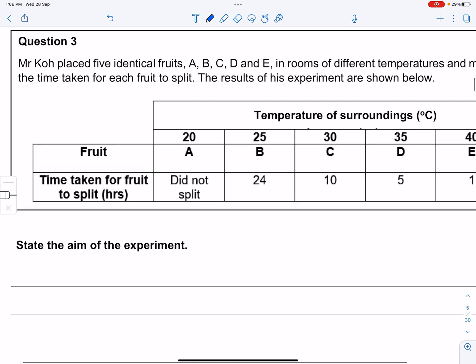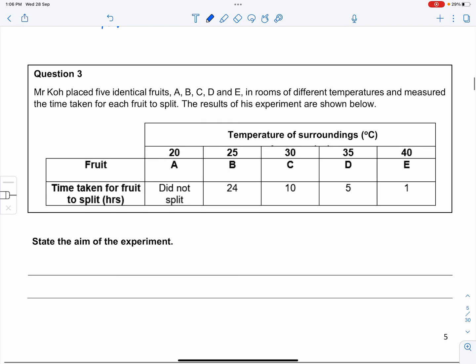Next, question 3. Mr. Koh placed 5 identical fruits A, B, C, D, and E in rooms of different temperatures and measured the time taken for each fruit to split open. The results of his experiment are shown. So, what exactly can you control?